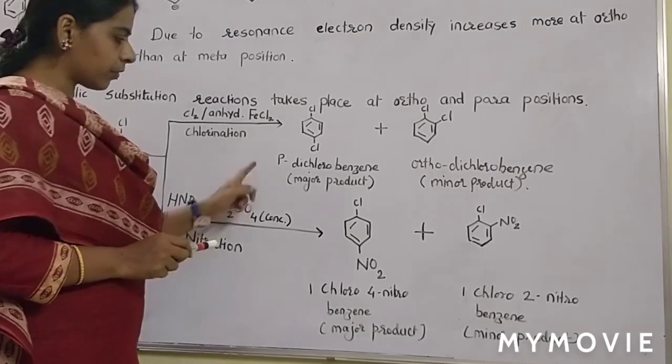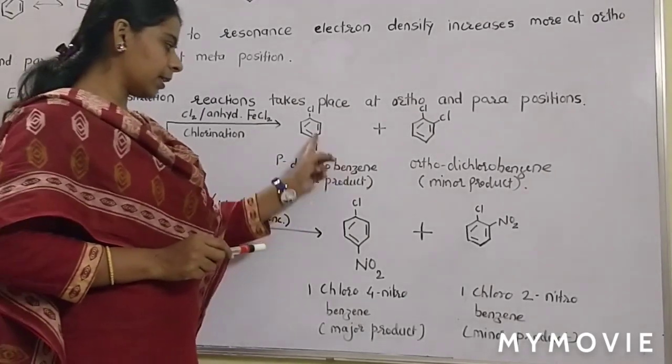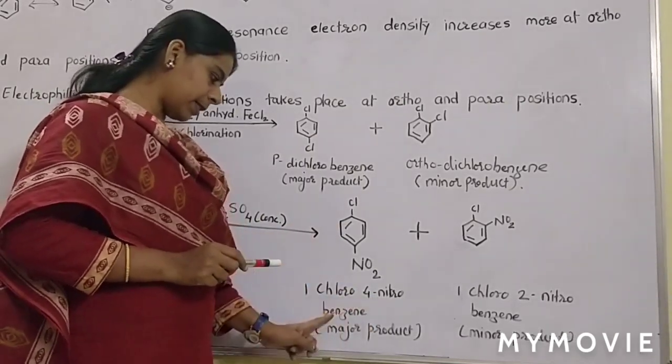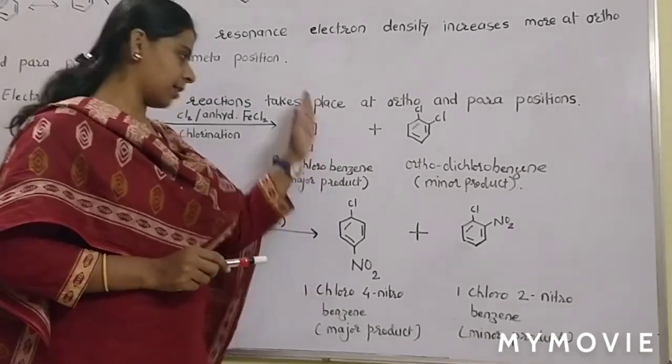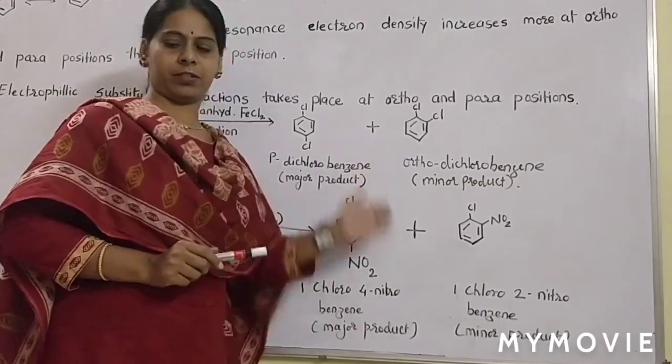Now see which one is the major product. In both reactions the para dichlorobenzene and 1-chloro-4-nitrobenzene are the major products because of the symmetrical structure, and the ortho compounds are the minor products in these reactions.